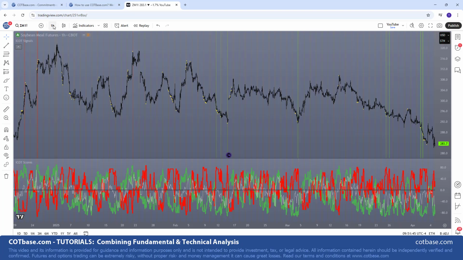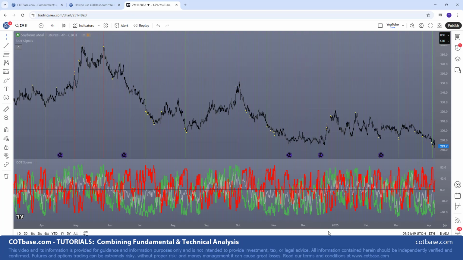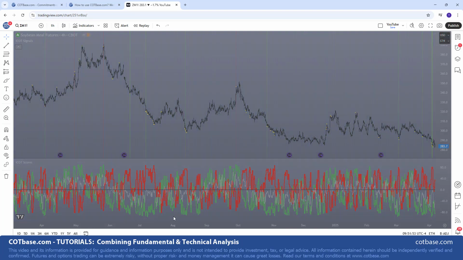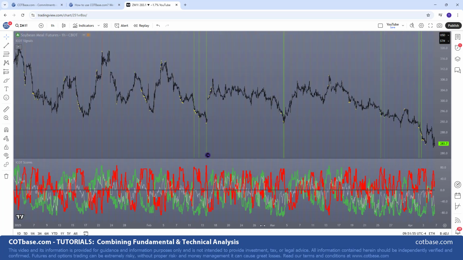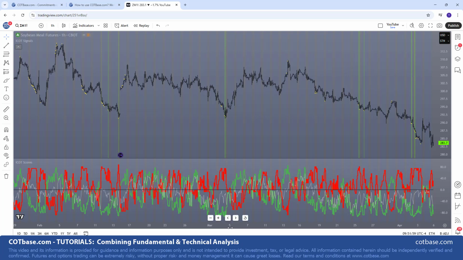Okay, we can go out if you want, if you're more of a swing trader, a 4-hour candlestick chart, and you can see the power of this tool. Now, this again is something that has very significant fundamental components, but at the same time, it also combines very popular technical indicators as well.